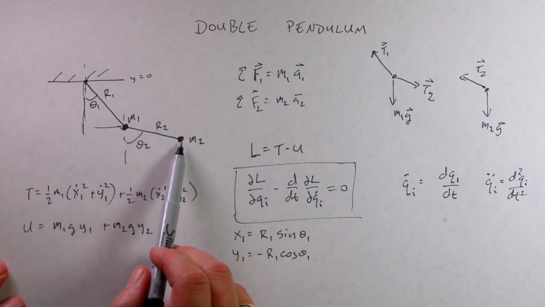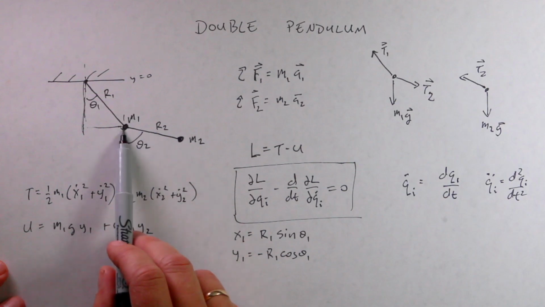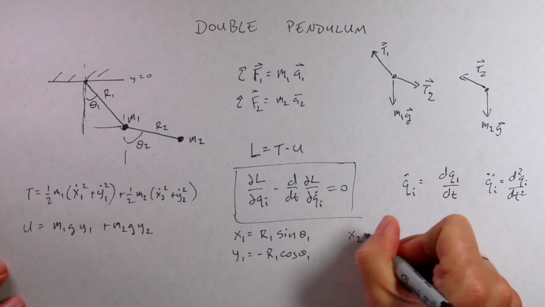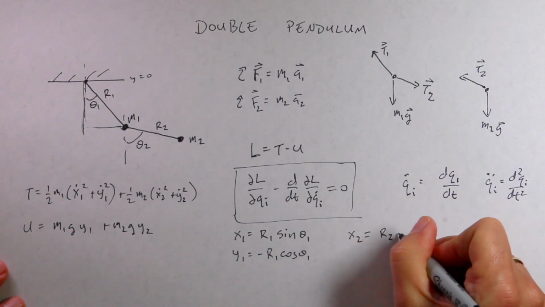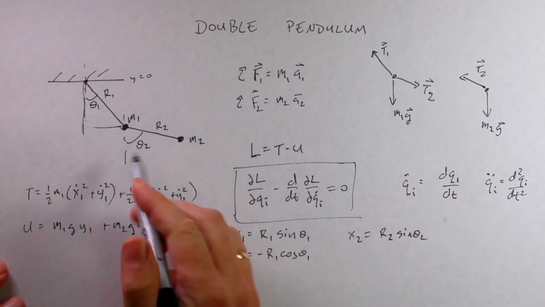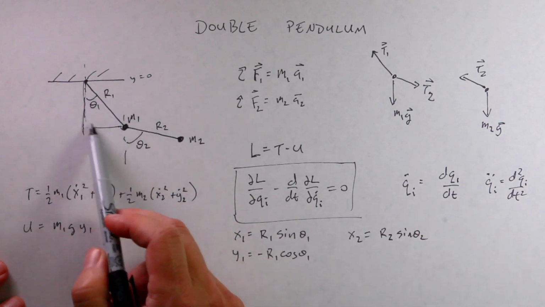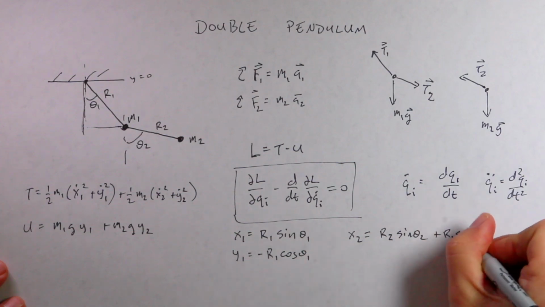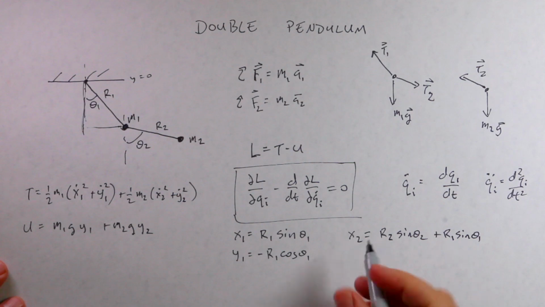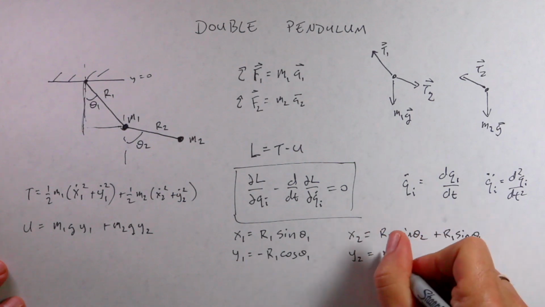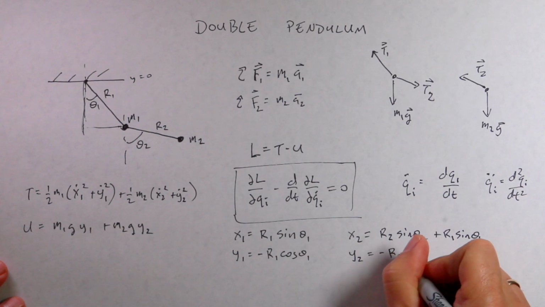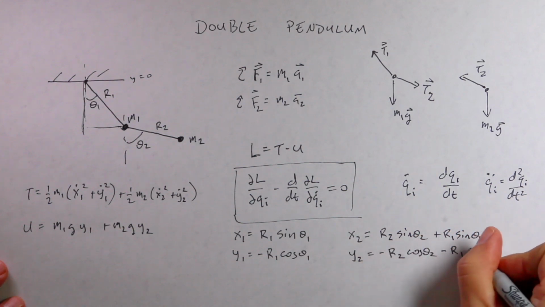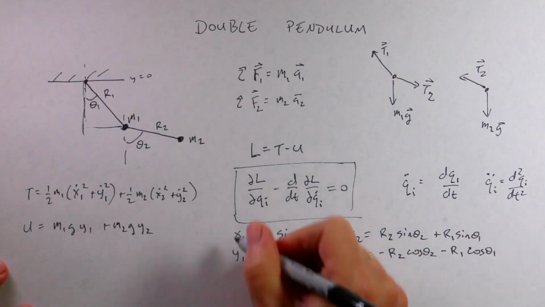So to find the x-coordinate, x2 is going to be r2 sine theta 2, but then I need to add whatever the x-coordinate of mass 1 is, so plus r1 sine theta 1. And the same thing for y2: y2 is going to be equal to negative r2 cosine theta 2 minus r1 cosine theta 1. So now I have those.